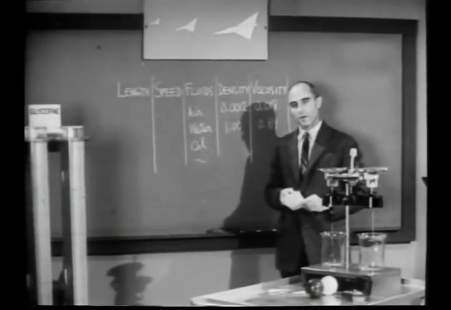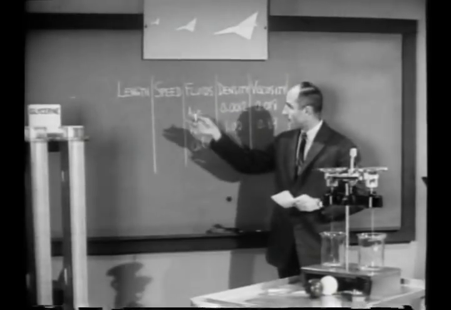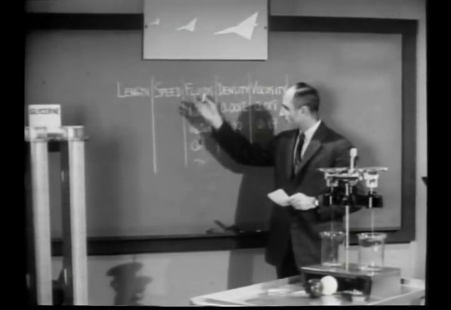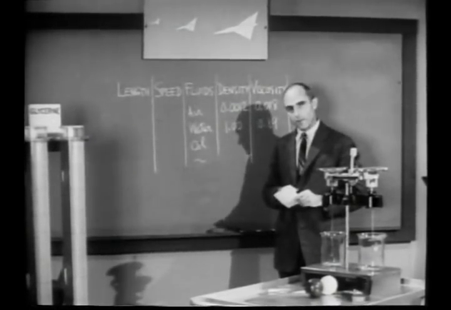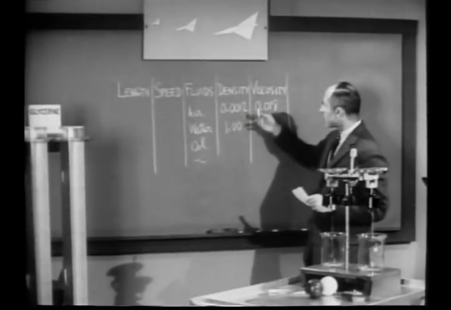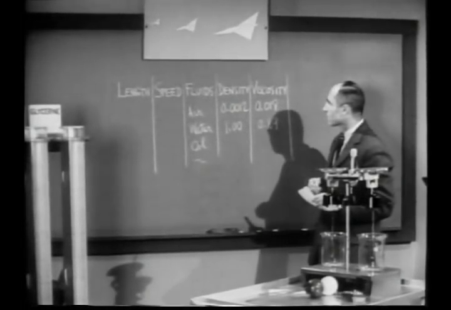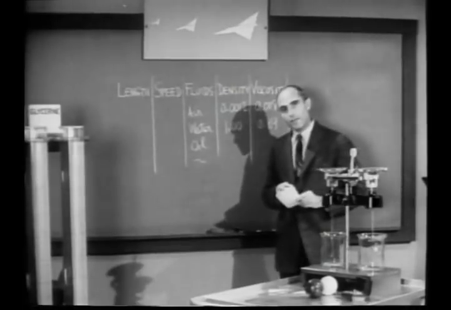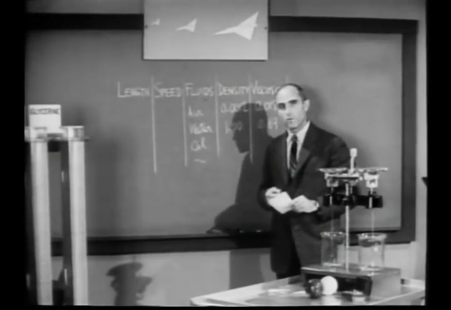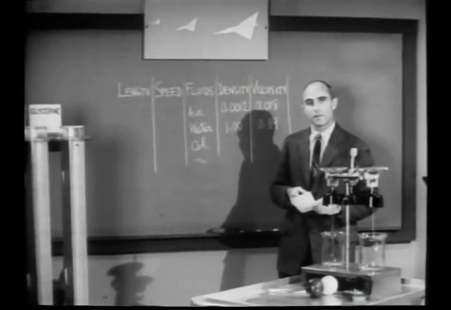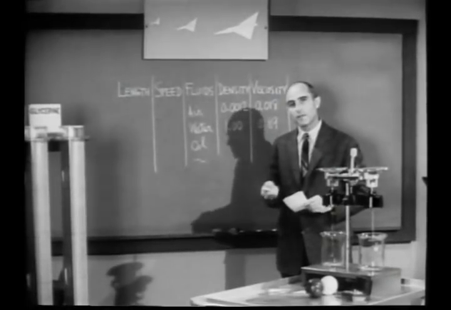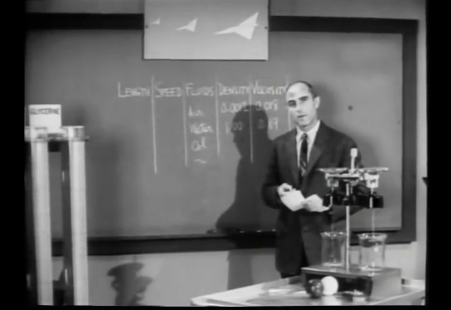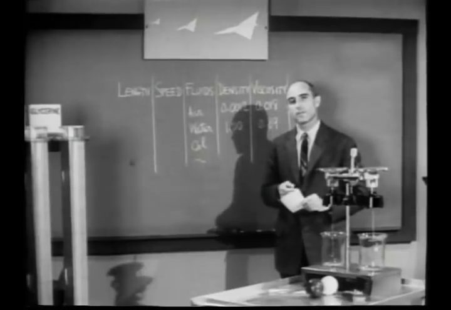In the different experiments, the magnitudes of length and speed may vary over an enormous range, just as the density and the viscosity do. All the experiments of the series would appear to be very different from each other, and in general, they are unrelated. But consider a special situation.